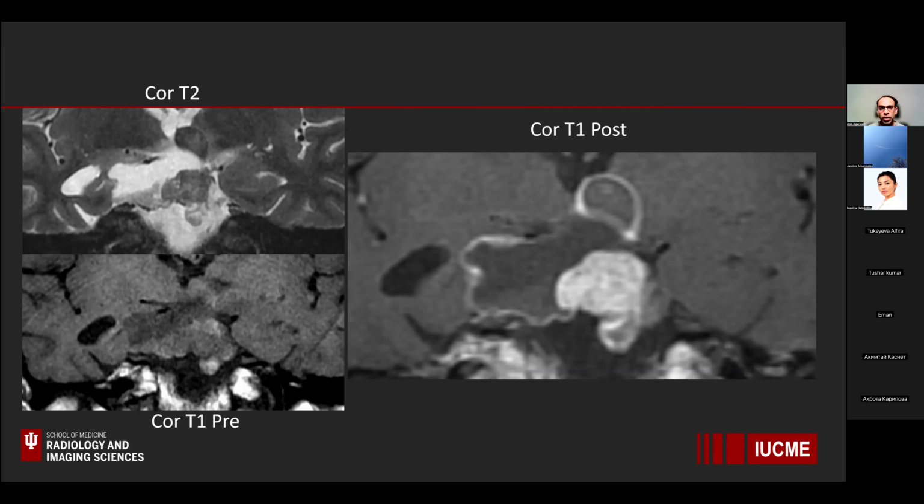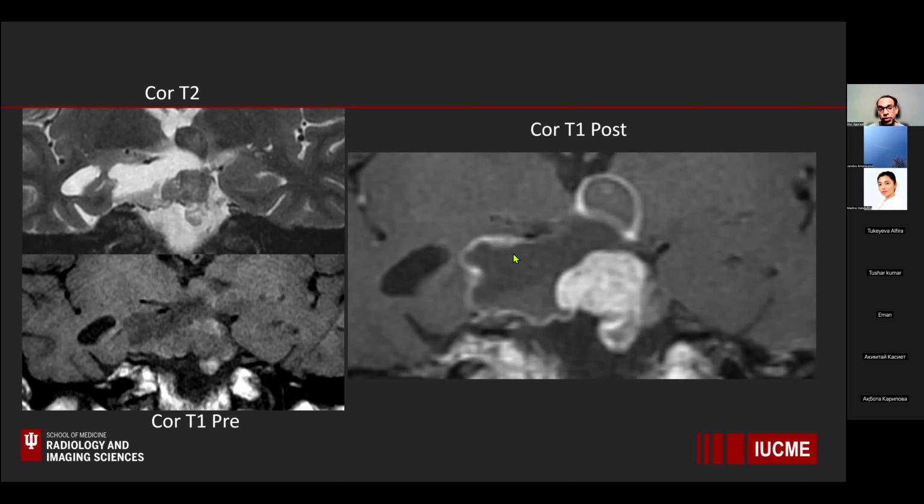So here are some coronal images, T2, T1, and post-contrast. And what you'll notice, this is what I really want you to concentrate on. Sometimes when we see lack of T2 bright signal, we think it's solid. And sometimes we're right. For example, here, this portion is not T2 bright and it enhances, so it's solid.